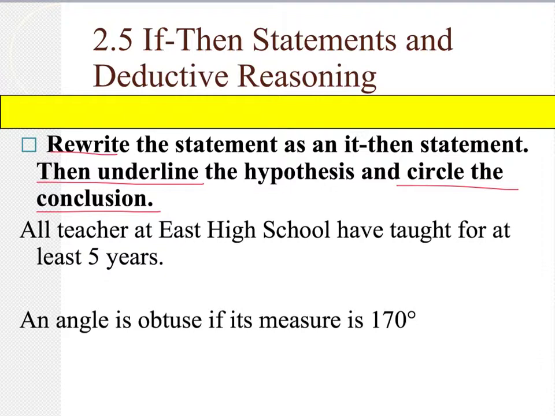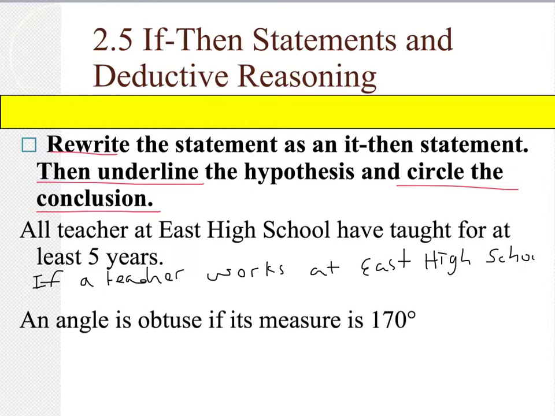All right, so looking at this, it says all teachers at East High School have taught for at least 5 years. So you have to think to yourself, what has to happen first before I know the second part? The if-then statement would be: if a teacher works at East High School, then he/she has taught for at least 5 years.